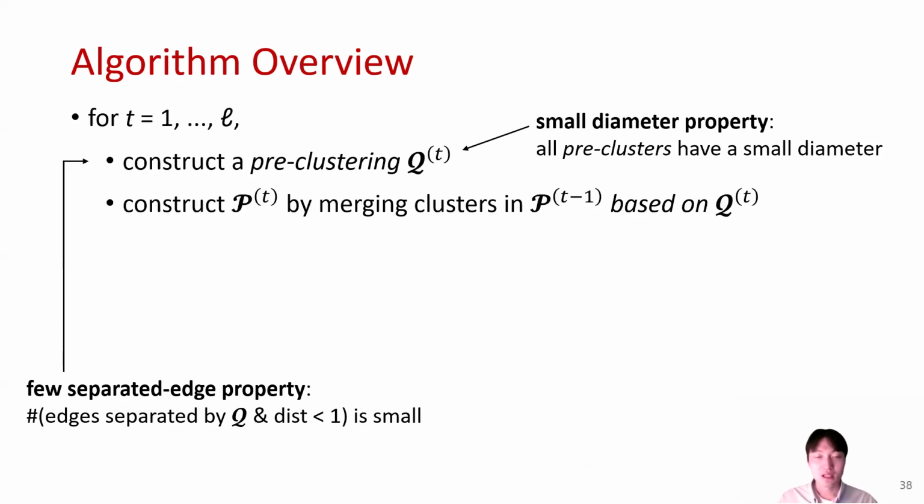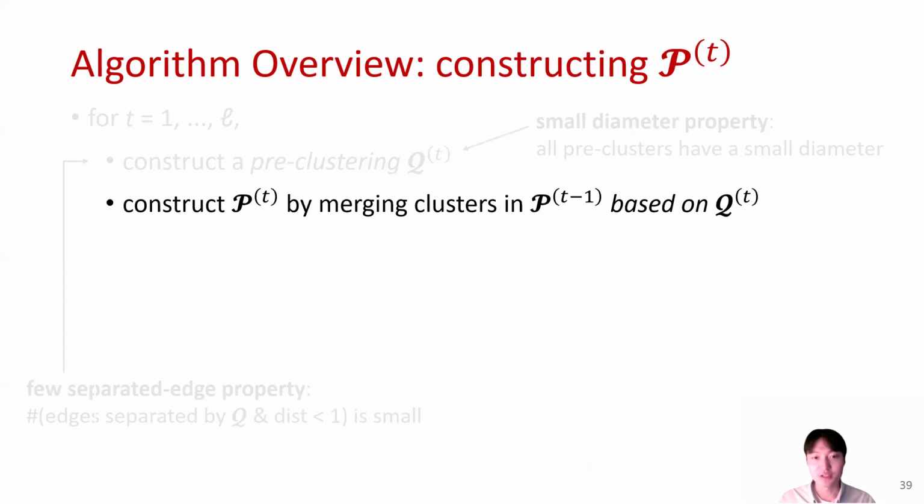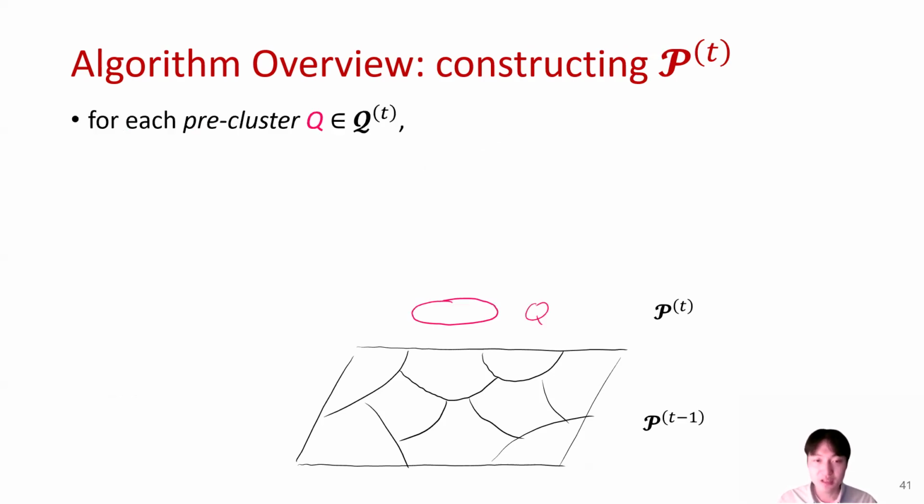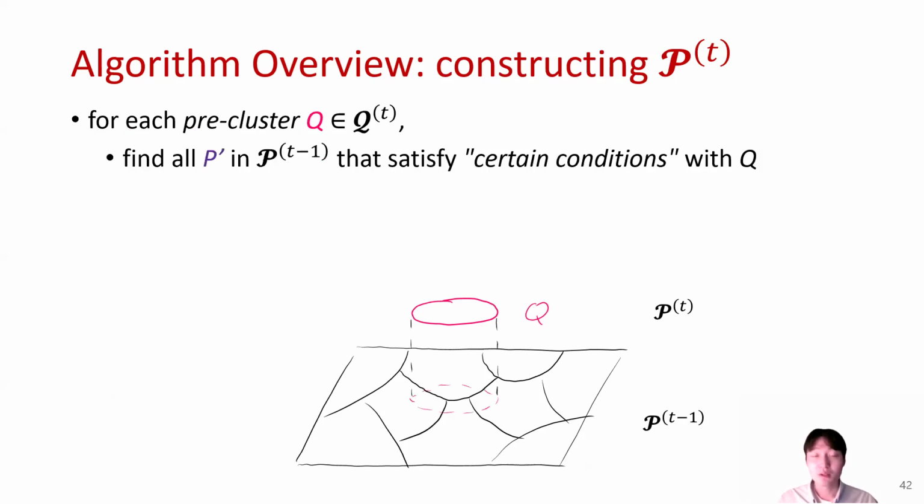We now see how to construct a clustering. Suppose we are constructing a clustering at layer T. For each pre-cluster Q, we do the following. We find all clusters at the layer below which satisfy certain conditions.